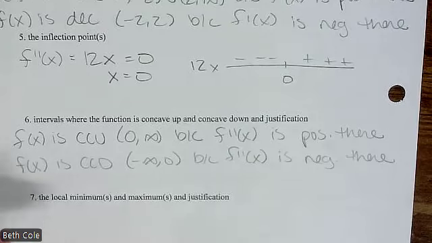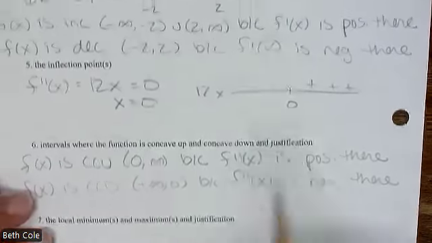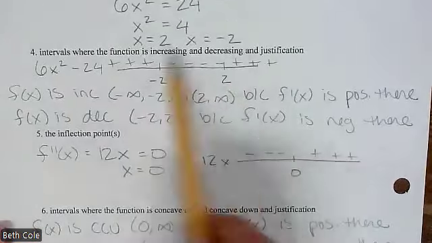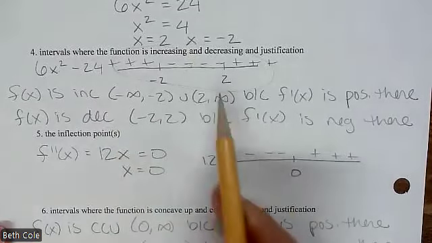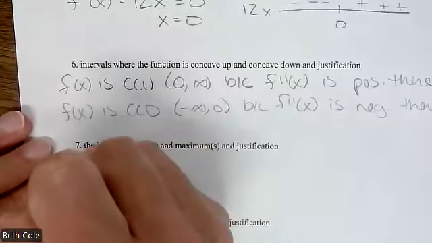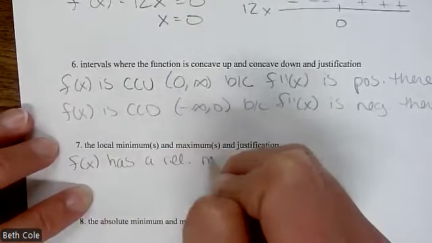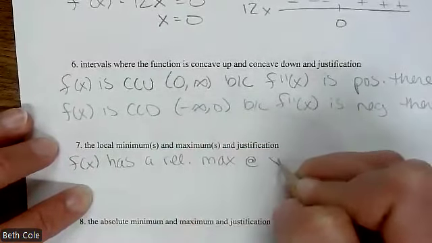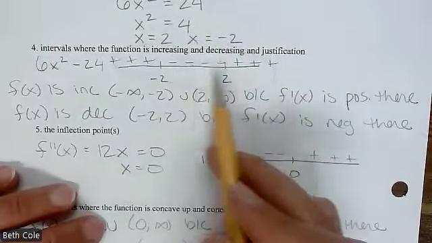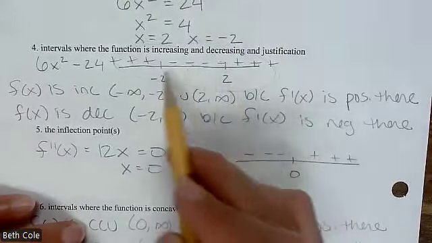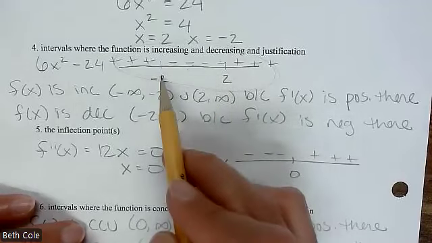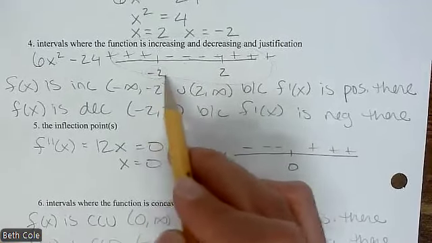All right, local maximums and minimums. That means relative. We're going to look back at this number line. And our sentence is still going to start "f of x is" or "f of x has." This one's going to be: f of x has a relative maximum at x equals, which one do you think? Where is the maximum? -2 is where the maximum is.